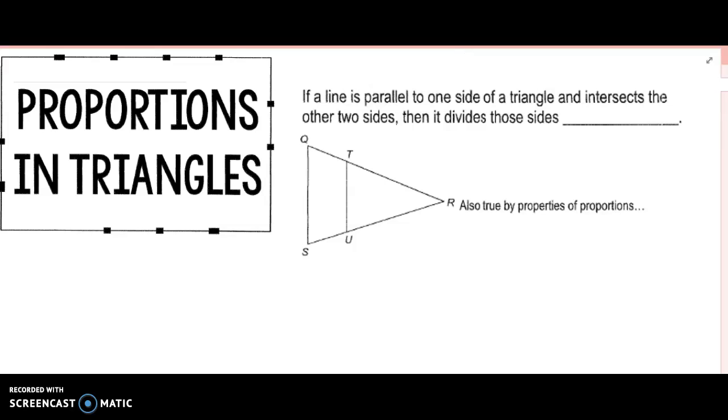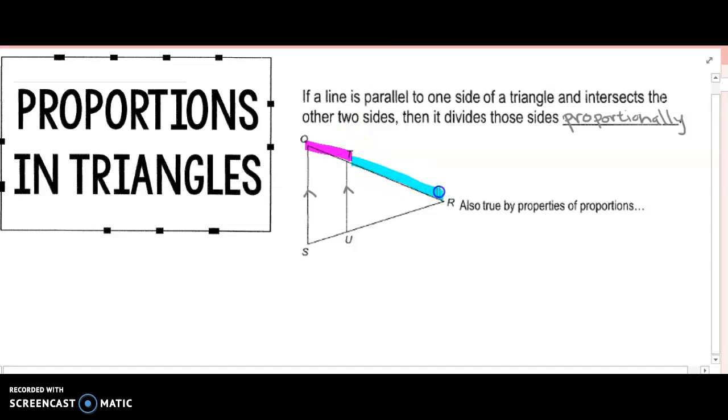Okay, so it says if a line is parallel to one side of a triangle and intersects the other two sides. So in other words, if this and this have to be parallel, then it divides those sides proportionally. And once again, I'm going to get my highlighter out, and I'm going to highlight the sides that are divided proportionally.